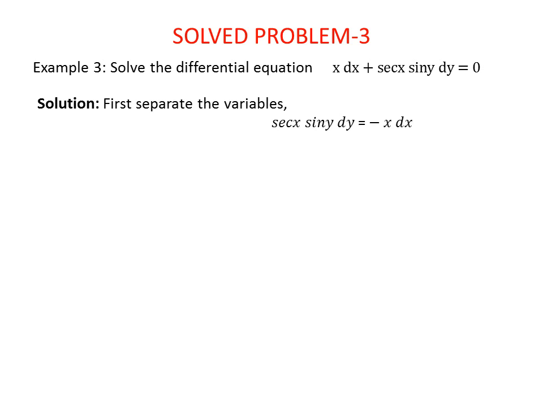Now collect the functions of the same variable. On the left hand side we must have the unknown variable y, and on the right hand side we must have the independent variable x. So sin y dy is equal to minus x dx divided by sec x. We have separated the variables.